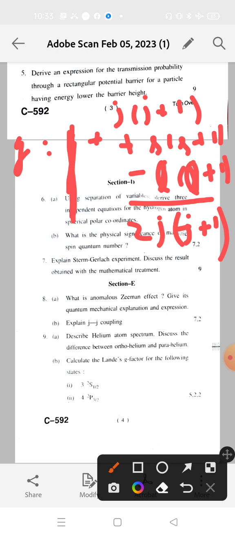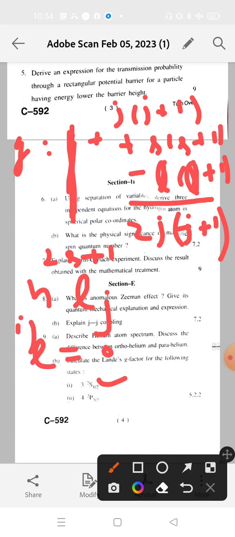So the term is 3 2S 1/2. Compare this term with n 2S+1 L j. Here n is 3. n is not used in this Landé g factor. Here capital S means L is equal to 0.